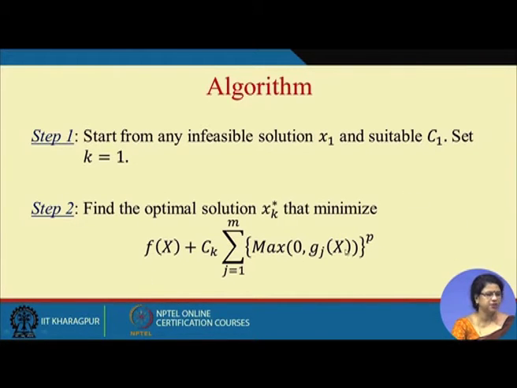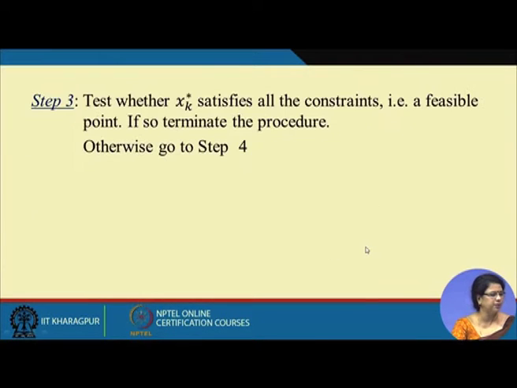We will construct this unconstrained problem, then find the optimal solution for it. Then test whether that optimal solution satisfies all the constraints or not. If it satisfies all the constraints, that means we are in the feasible region. That is why the corresponding optimal solution can be declared as the approximate optimal solution of the original problem.